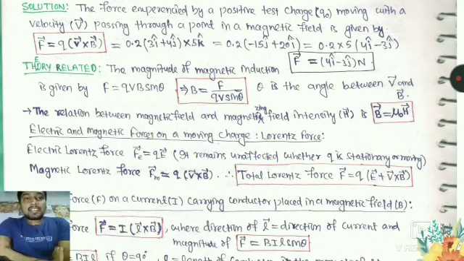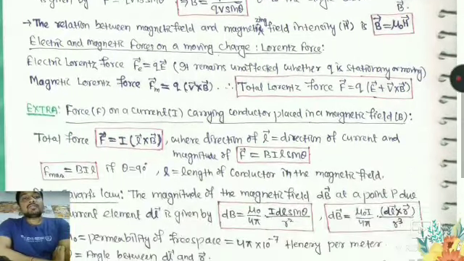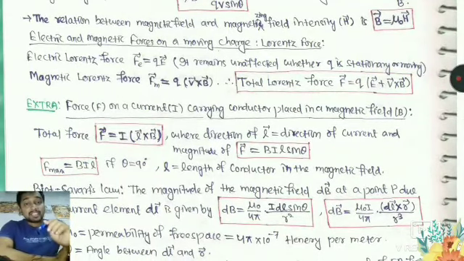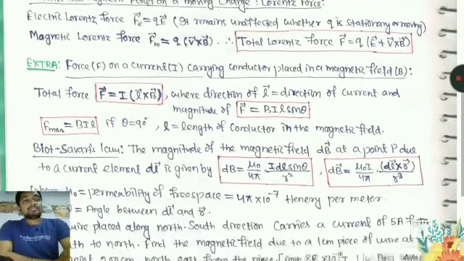Electric and magnetic forces on a moving charge, that is the Lorentz force. Lorentz force is the force experienced by a charged particle moving in both electric and magnetic fields.